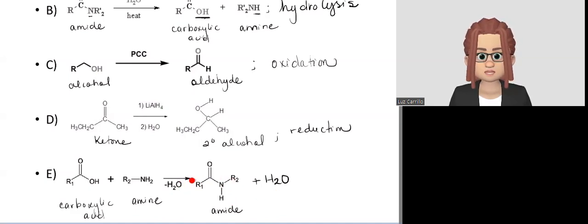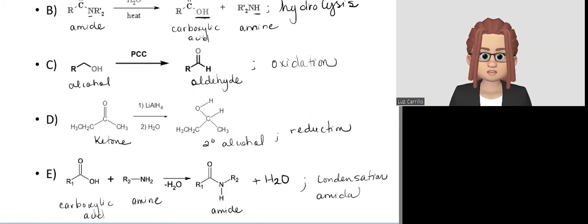So what this is representing is that here there is water lost. It's specifically because the carboxylic acid loses an OH, and then the amine loses a hydrogen. And what this results in is a reaction that is also called a condensation reaction. Specifically, this one is going to be called amidation because we form an amide.